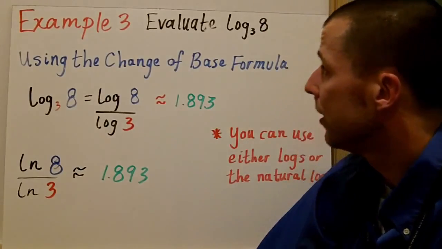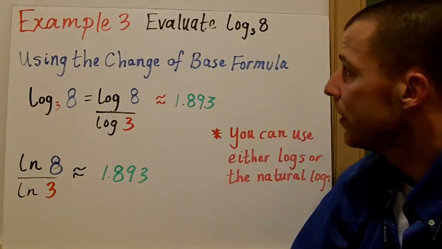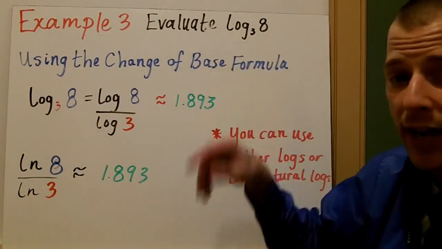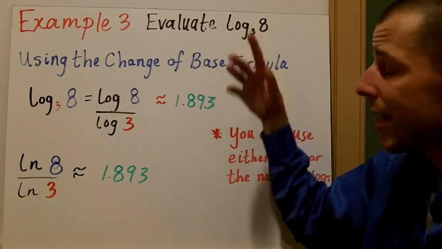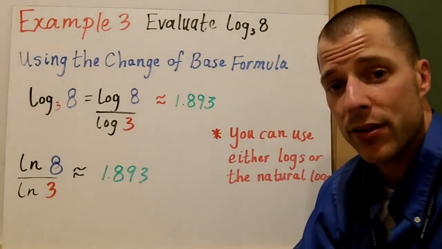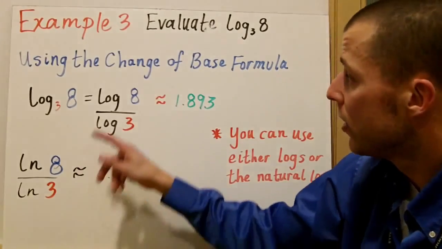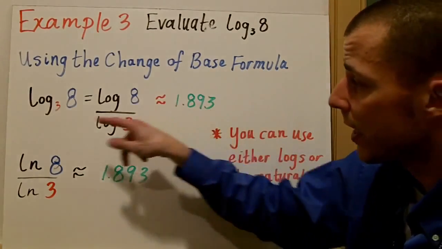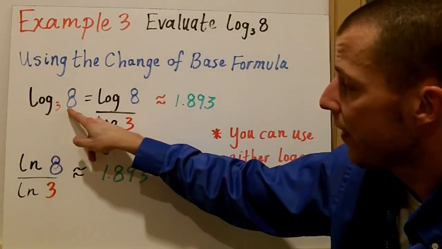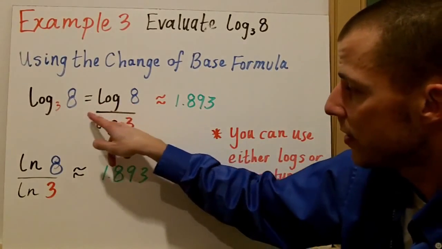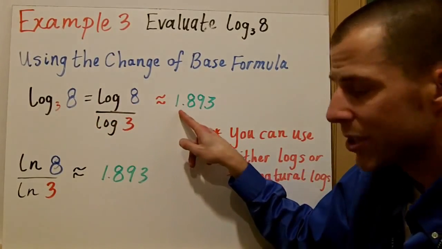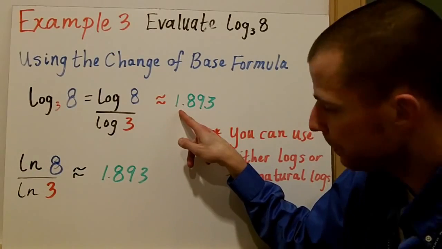Now, example 3. We're going to evaluate this logarithm, log base 3 of 8. So immediately I see I cannot evaluate the logarithm on the calculator because it's base 3. So using the change of base formula, I see log base 3 of 8 is equivalent to log 8 divided by log 3, which is approximately 1.89.